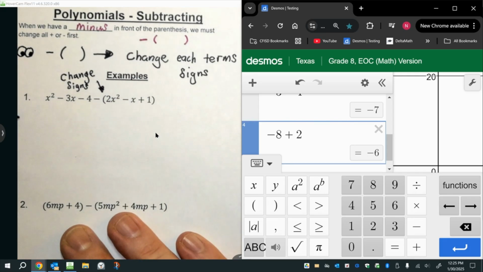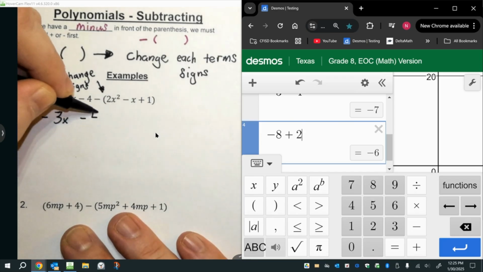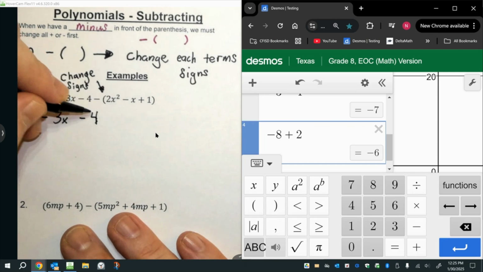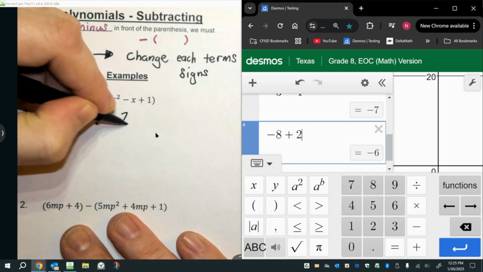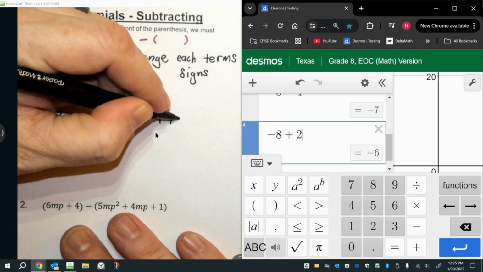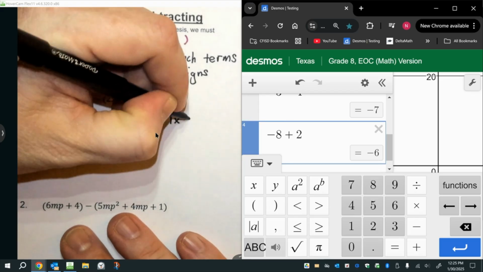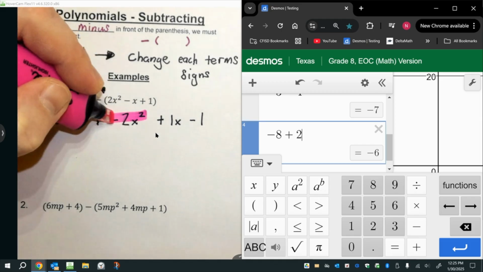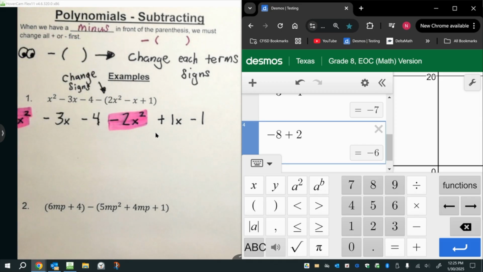This is 1x squared minus 3x minus 4. And then because I see a parentheses with the minus in front of it, this is going to be minus 2x squared plus 1x and minus 1. And so now I'm ready to add things together. I'll start with my first term, 1x squared and 2x squared.